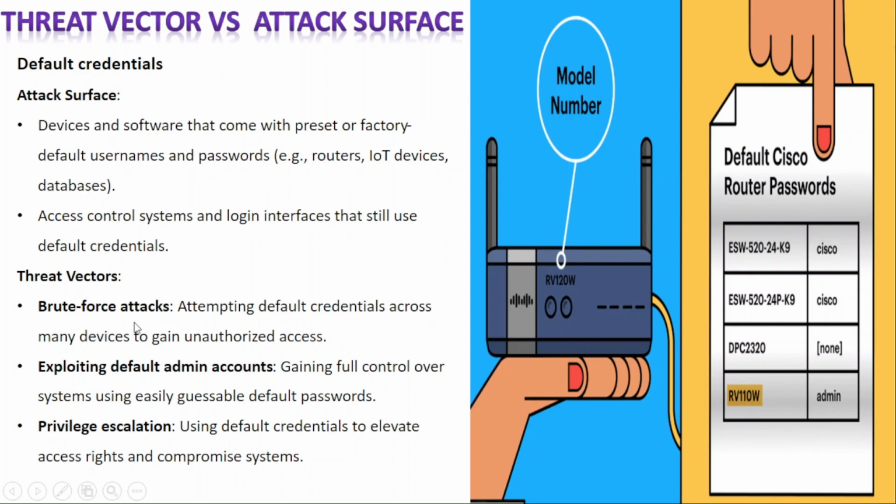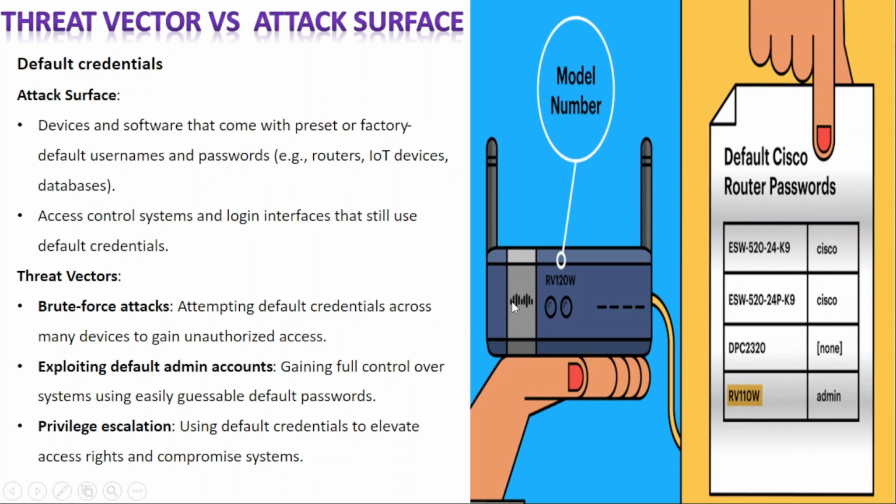Threat vectors include brute force attacks, attempting the default credentials across many devices to gain unauthorized access. So if these devices have the web interface available over the internet, anyone can launch a brute force attack, exploiting default admin accounts, gaining full control over the system using easily guessable default passwords.